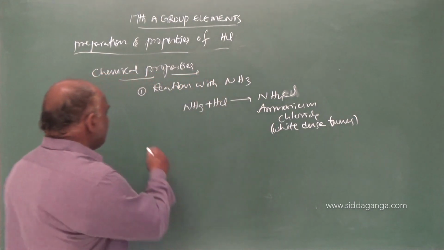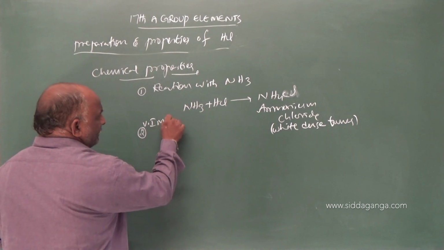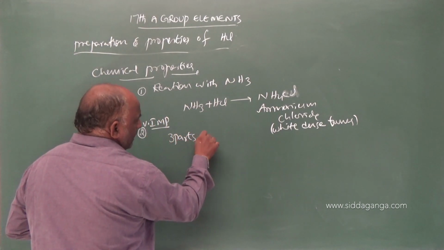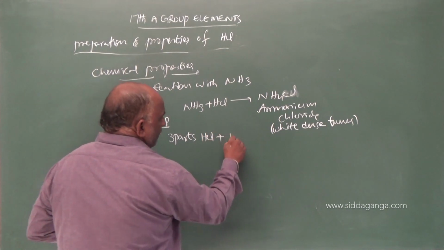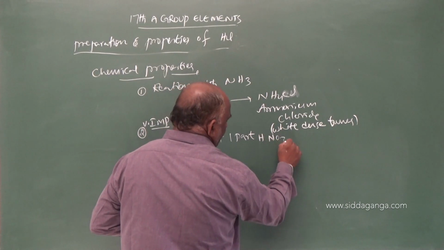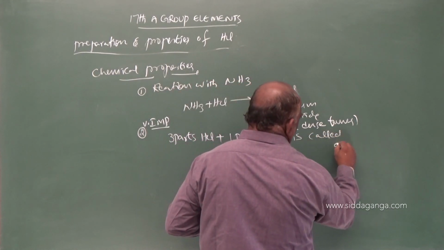And the next property was very important. So you should make a note, my dear students. 3 parts hydrochloric acid plus 1 part HNO3 is called aqua regia.